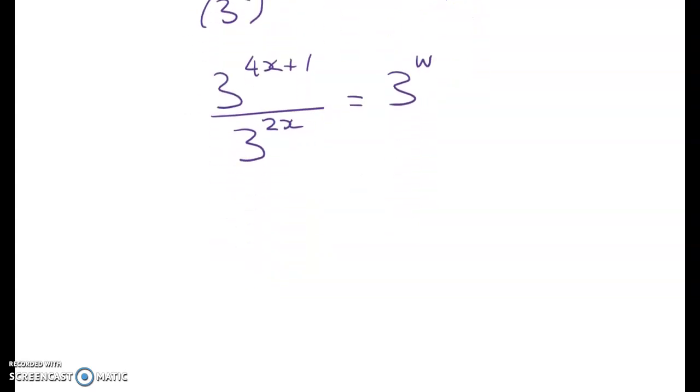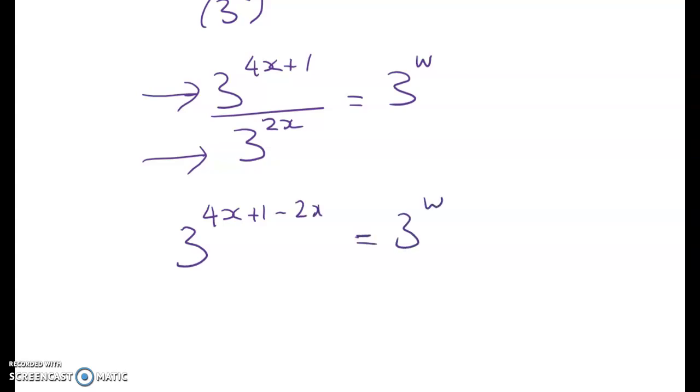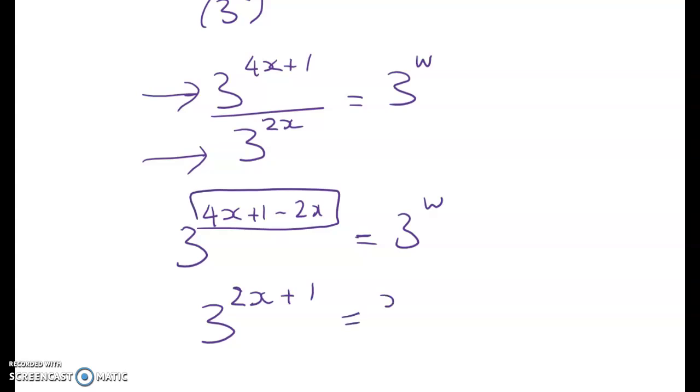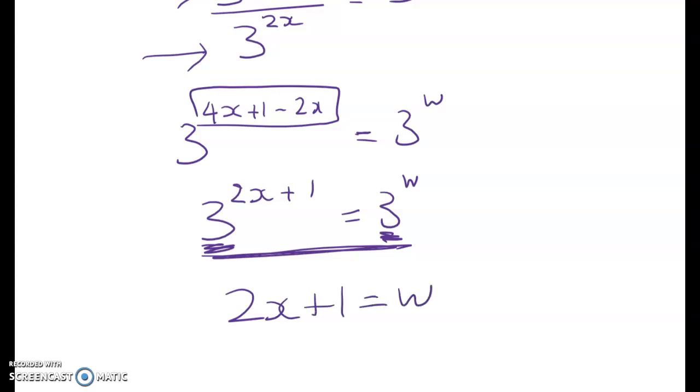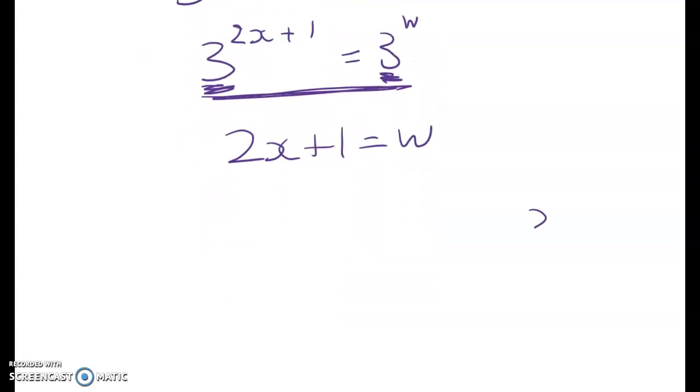Now we go back to year 9 and we remember that when we've got the same base, we just subtract the powers. So we've got 3 to the 4x plus 1 minus 2x is equal to 3 to the w. So that simplifies to 3 to the power of 2x plus 1 is equal to 3 to the power of w. So if these bases are the same and the whole thing is the same, that means that 2x plus 1 must equal w, and we had to get an expression for x.